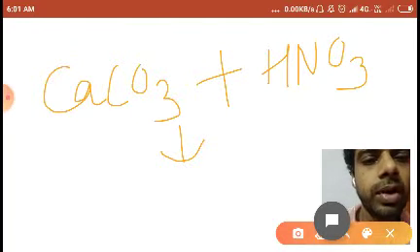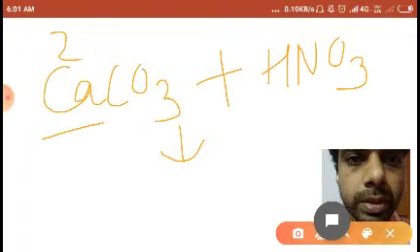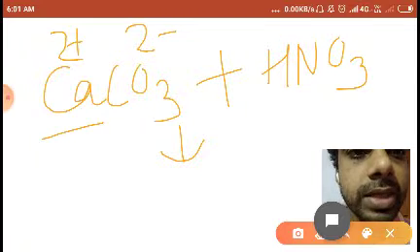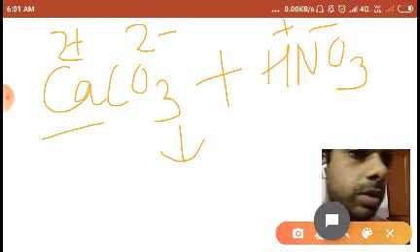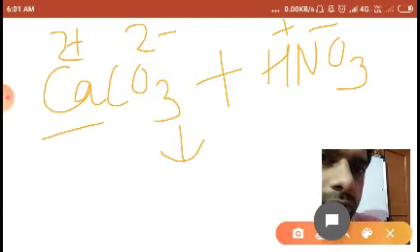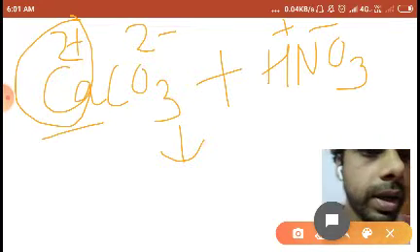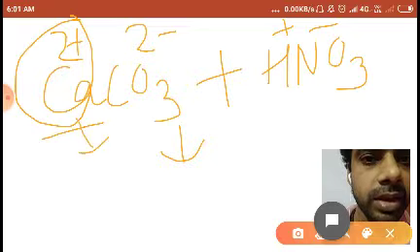Okay, so what will happen? You know, Ca has 2 plus valency and CO3 has 2 minus valency. H has 1 plus valency and NO3 has 1 negative valency. So Ca2 plus will be the more reactive one.